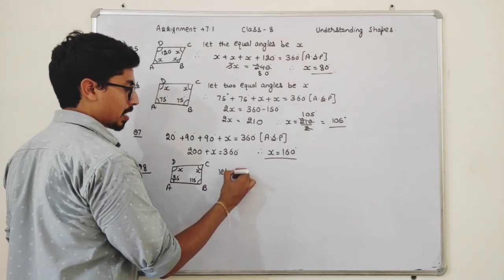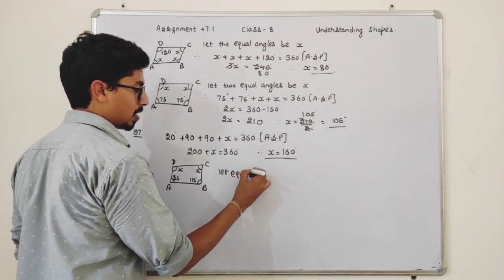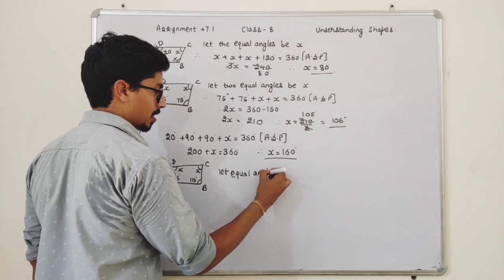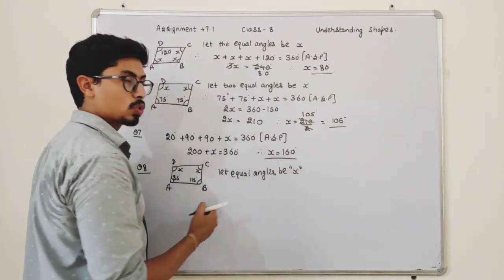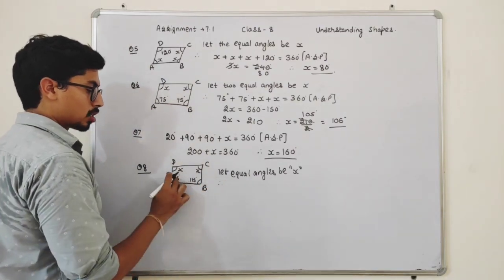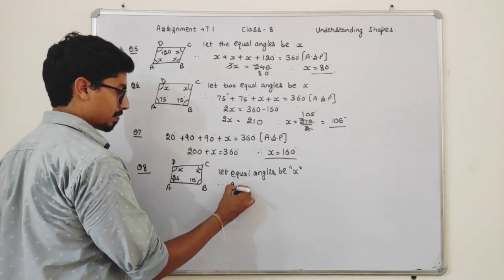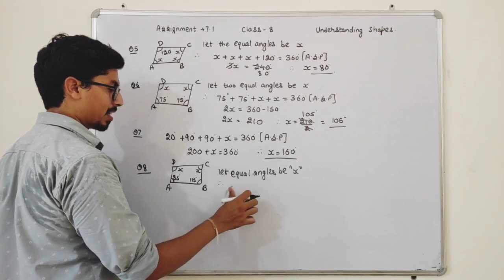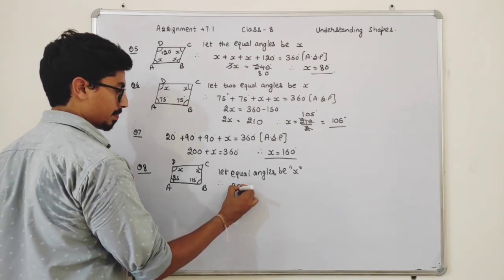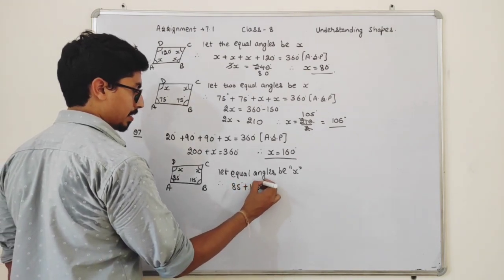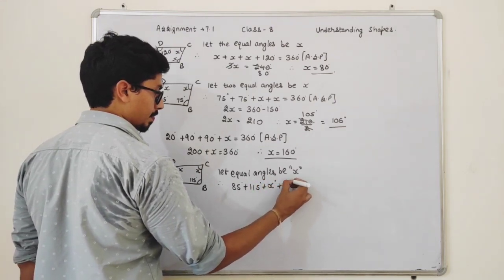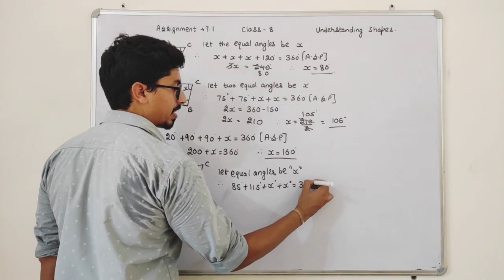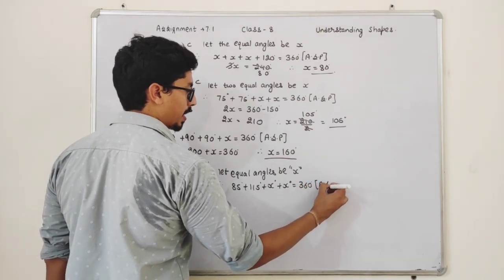Let the equal angles be x. Okay students, therefore the sum of these four angles will be 360 degrees, and the reason is the same students, angle sum property.